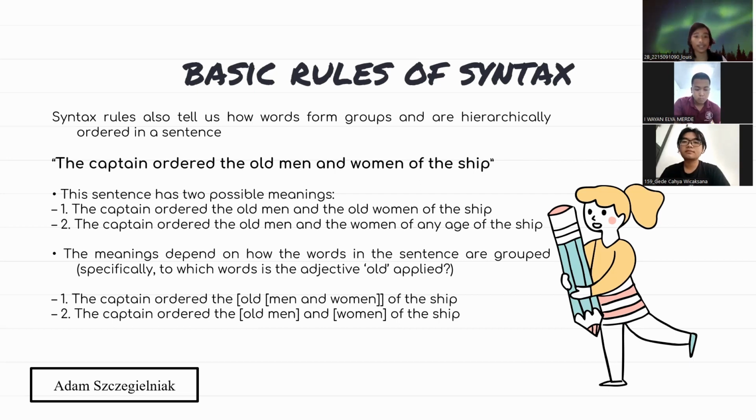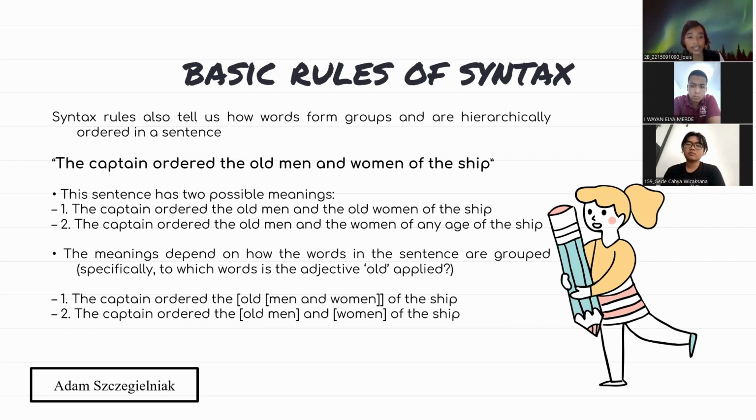So this sentence has two different possible meanings. Like I said, the captain ordered the old man and woman off the ship. With old and man and woman grouped together, it's possible to have another meaning.